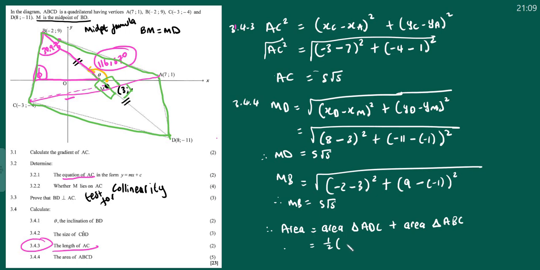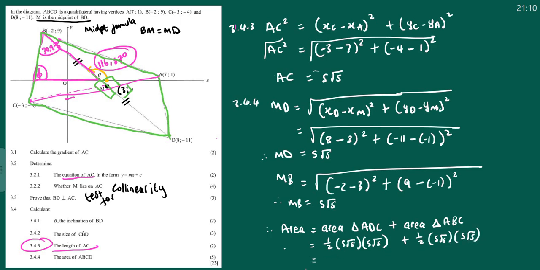AC we found to be 5 root 5, and then half base times height. The height is also 5 root 5. Then you say plus half 5 root 5 into 5 root 5.